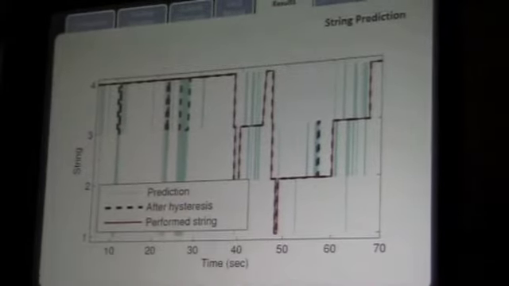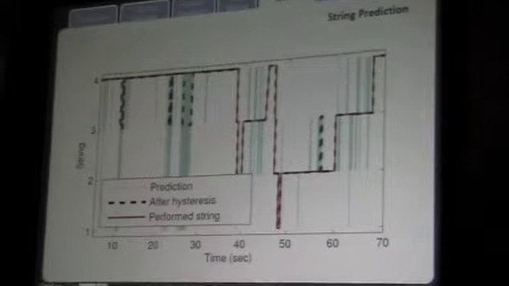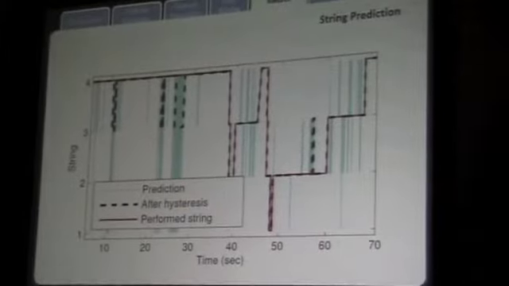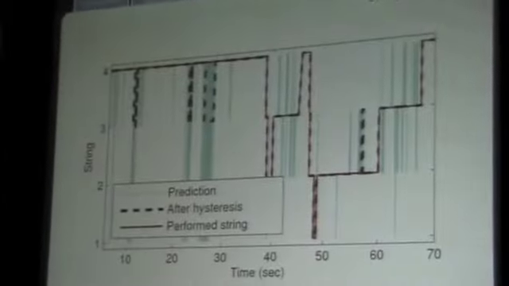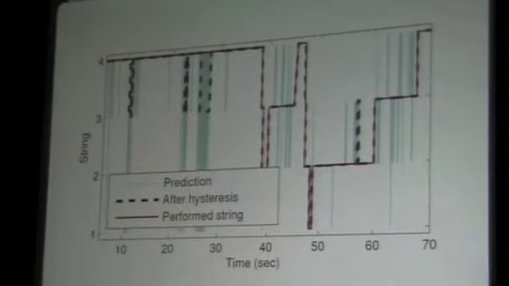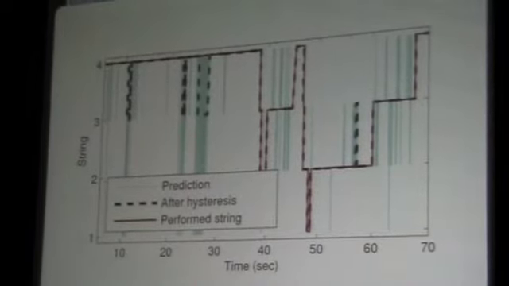We're predicting frame by frame, isolated frames. So it's necessary to provide some stability. There is a hysteresis function, which is basically a smoothing. And we can see after the hysteresis that many of the isolated peaks are gone.